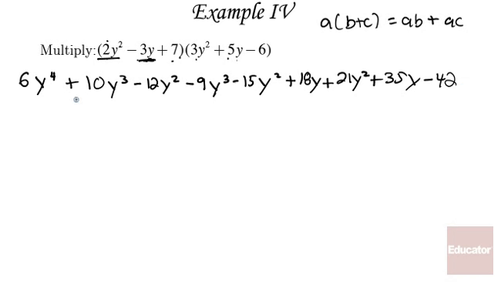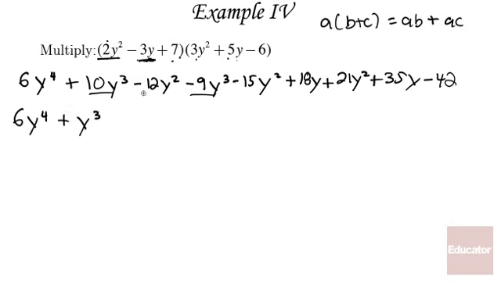Once I've gotten to this step, I just need to add the like terms, starting out with 6y to the 4th. And I see I don't have any other terms like that, so it's simply 6y to the 4th. I have 10y to the 3rd, and I have negative 9y to the 3rd. That gives me y to the 3rd.